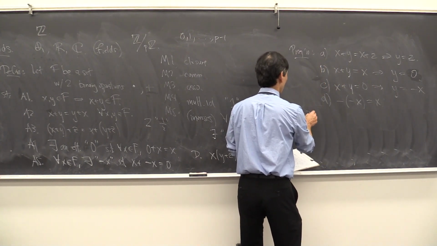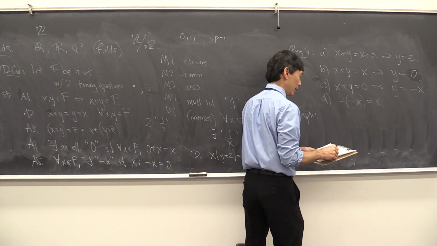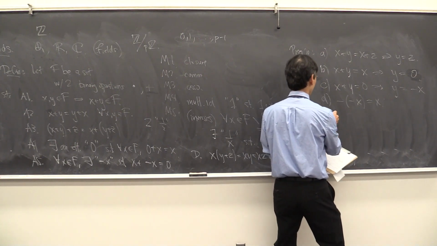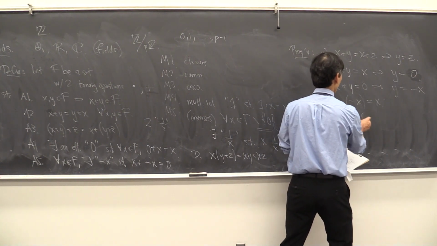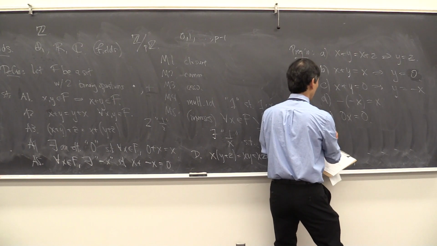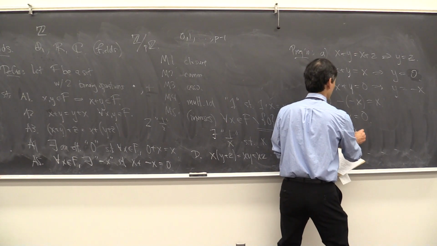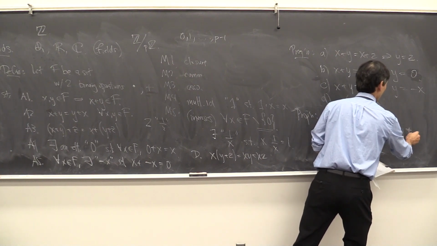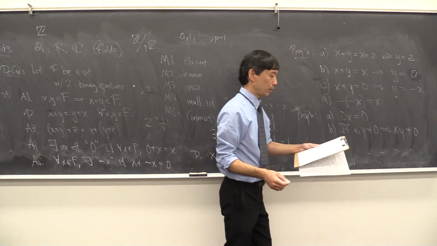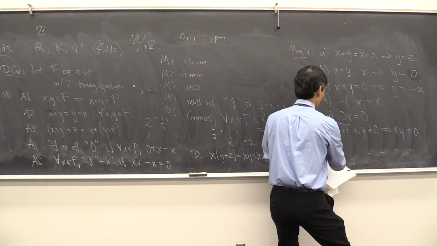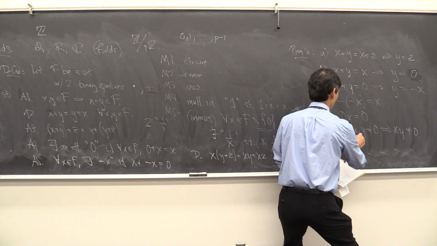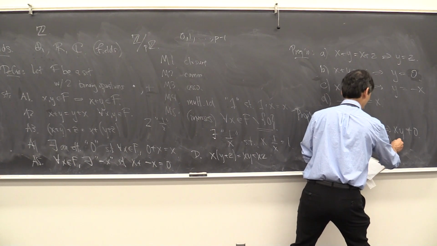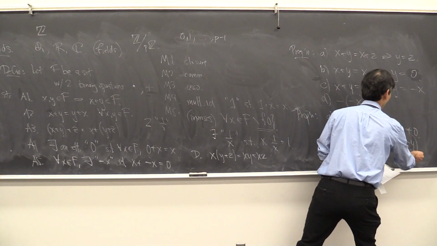Other properties that probably seem very fundamental to you are, for example, that 0x equals 0. Or that if x and y are non-zero, then xy cannot be 0. Or that negative x times y equals negative xy equals x times negative y.